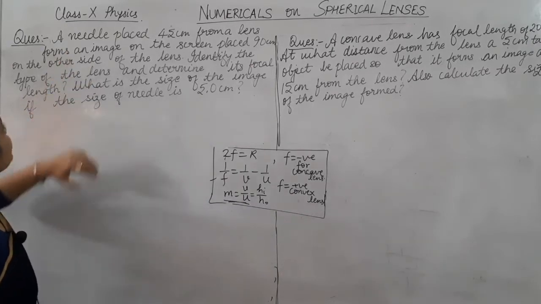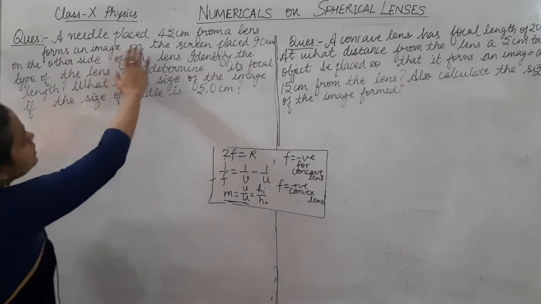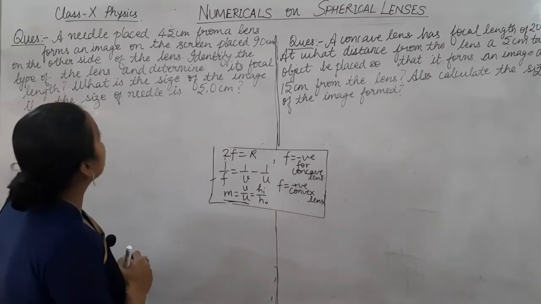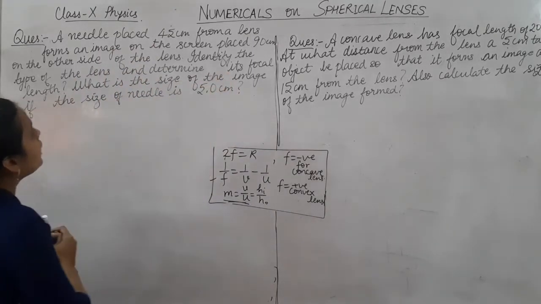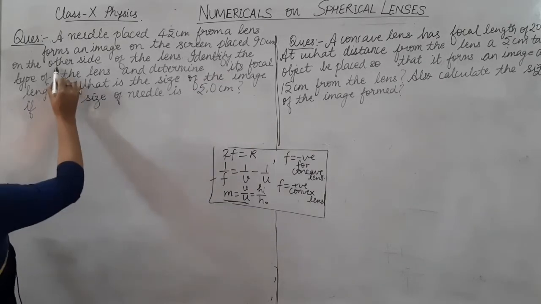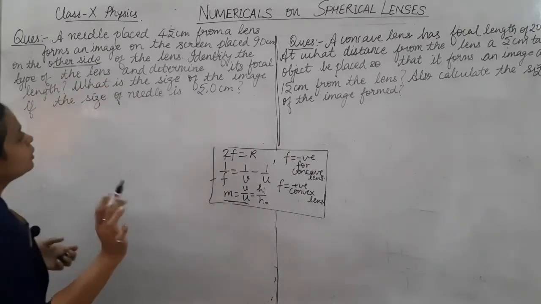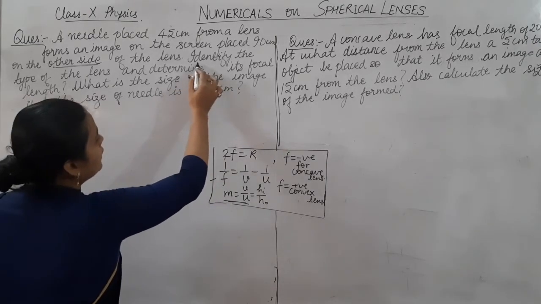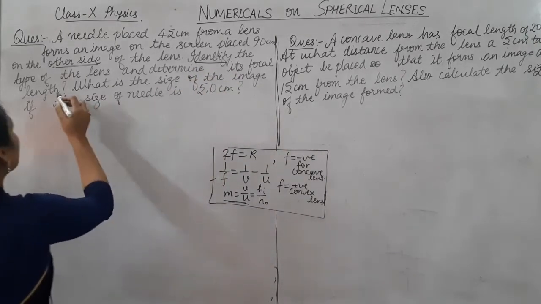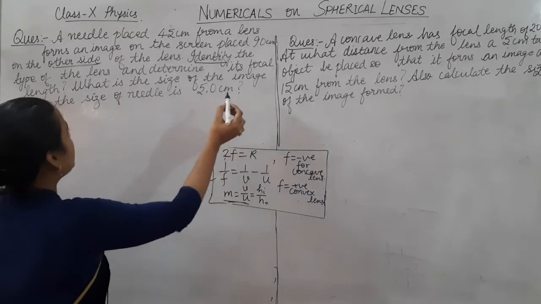Students, there are two more numericals. First, read this question. A needle placed 45 centimeter from a lens forms an image on the screen placed 90 centimeter on the other side. You have to remember this, because further it has asked to identify the type of lens and determine its focal length.